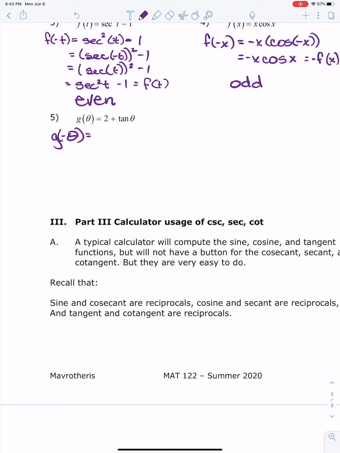And 5 here, we get 2 plus the tangent of negative theta. Tangent is odd, so that's equal to the negative tangent of theta. 2 minus the tangent of theta. That's not the same as what we started with, nor is it the opposite, so this one is a neither.